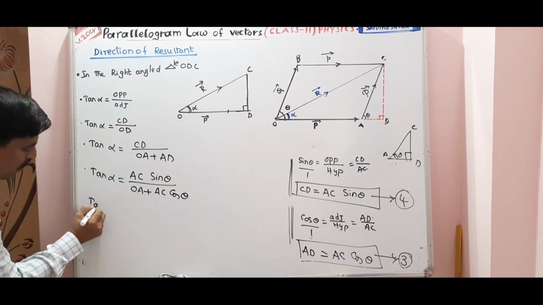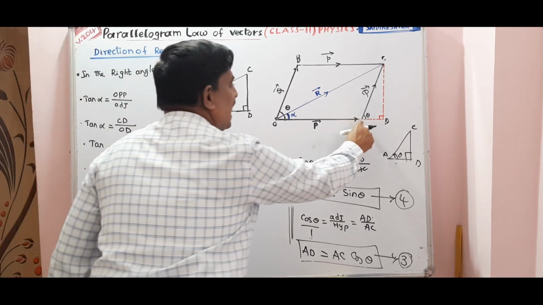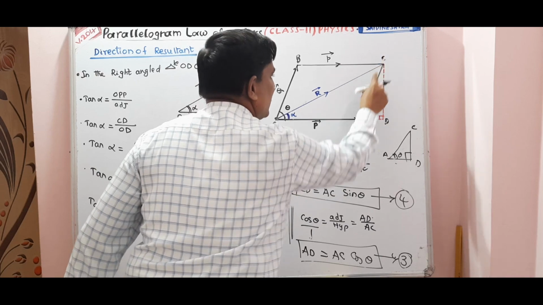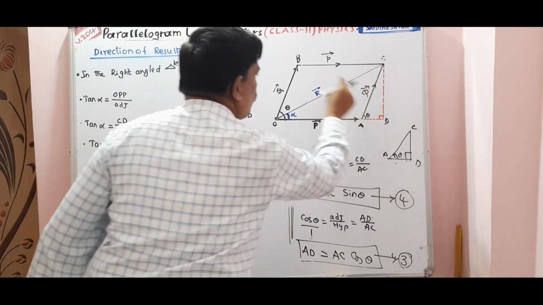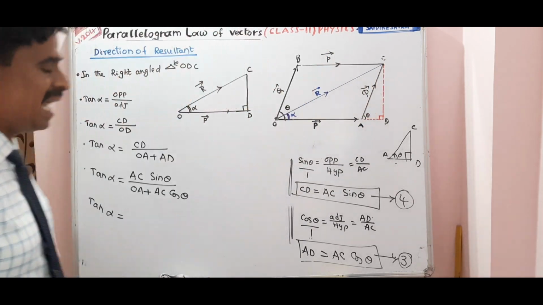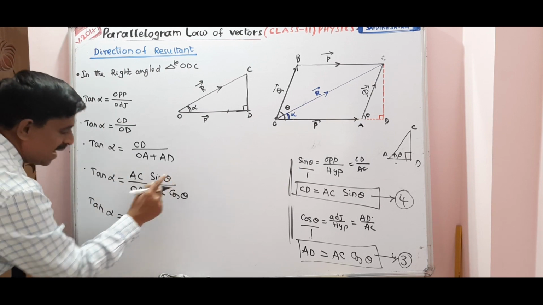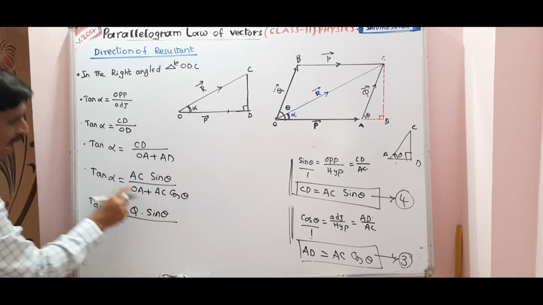Now tan alpha is equals to AC sin theta by OA plus AC cos theta. AC is equal to vector Q. AC means Q.